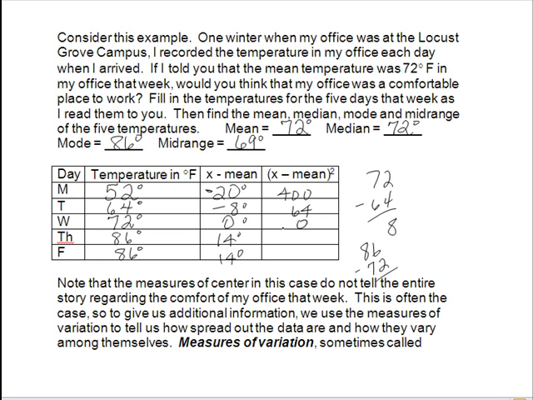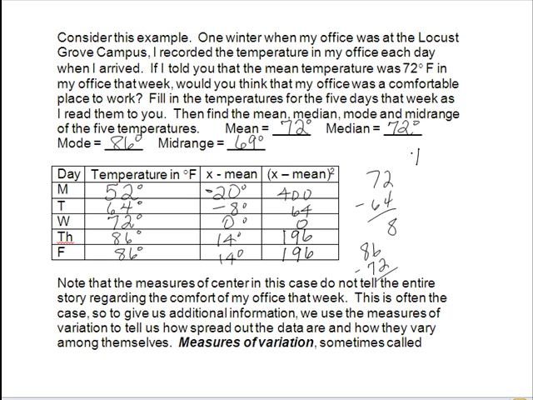So we're going to use this table to determine what is called the standard deviation. Now, before we complete that, there's an easier measure of variation, which is the range. And that would give a little bit of information in terms of how uncomfortable I was that week.